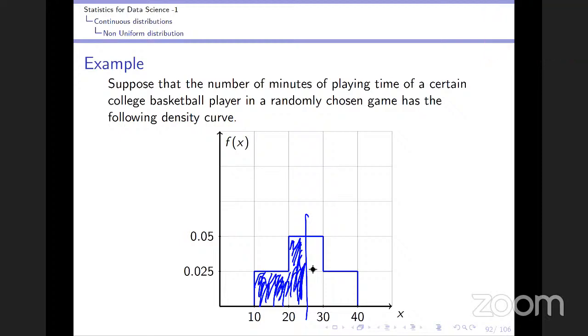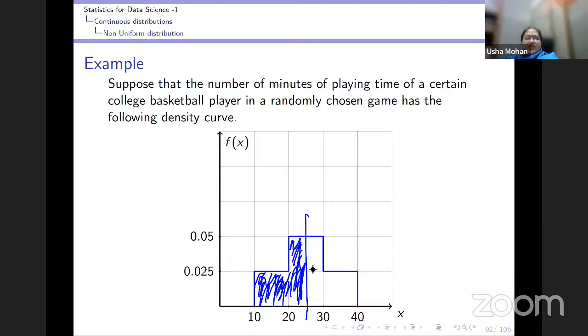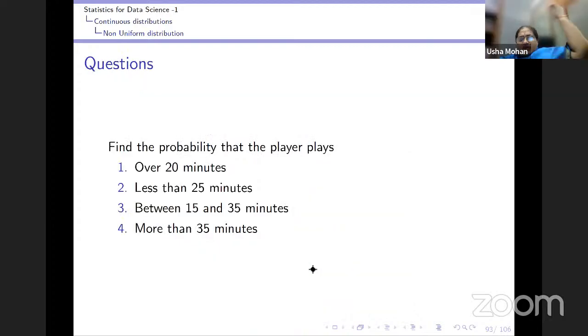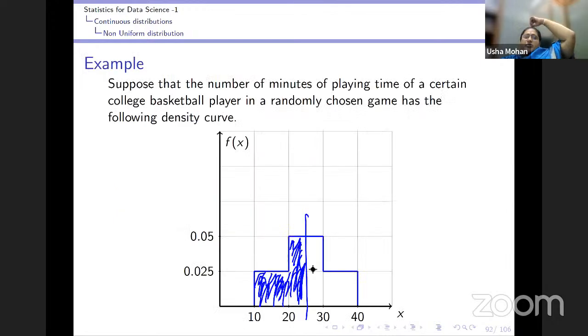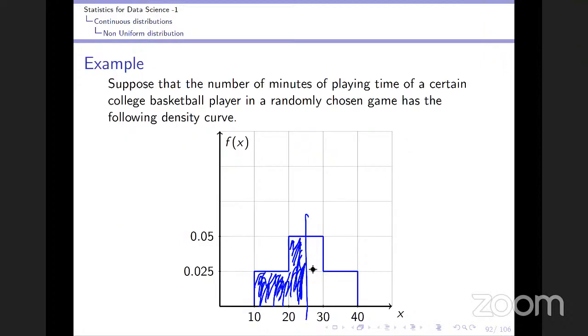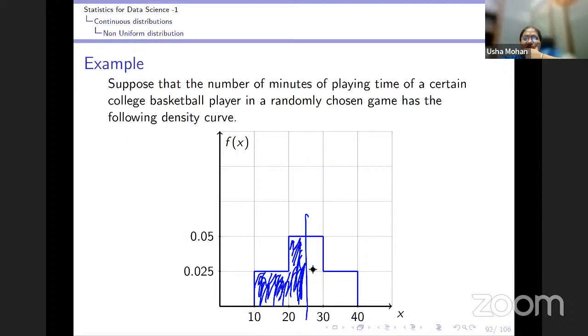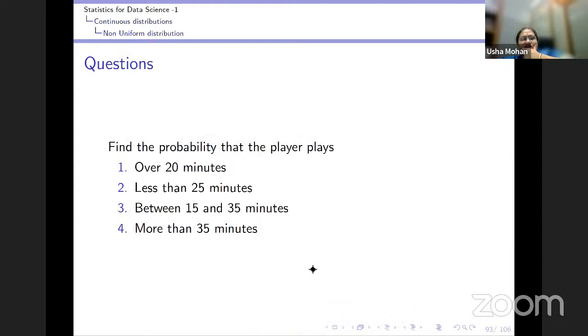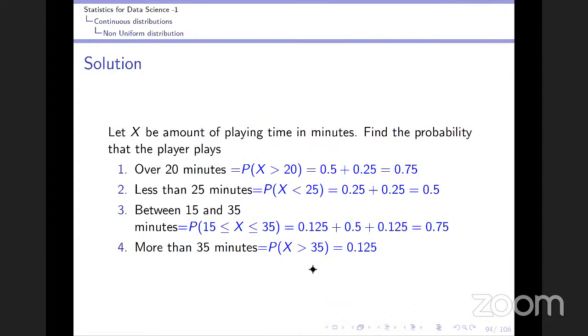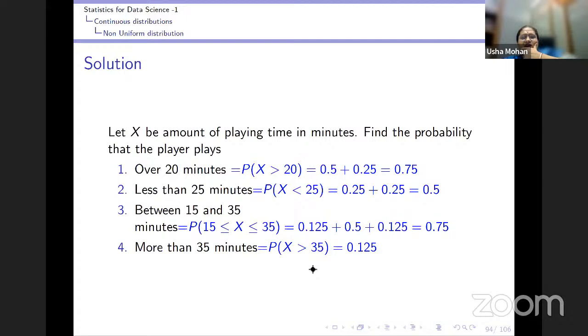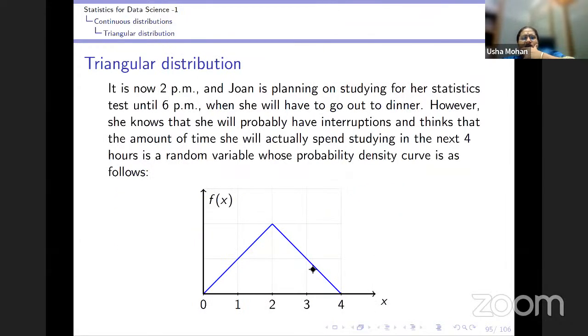Greater than 25, I can find that out. You can see the probability that the person is playing over 20 minutes, or 15 to 20 minutes, I can find out all these areas. I just added it up here. I think here it should be 0.05. Now let's look at this distribution.